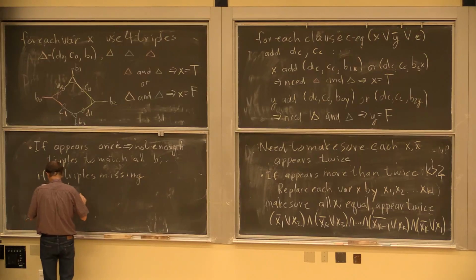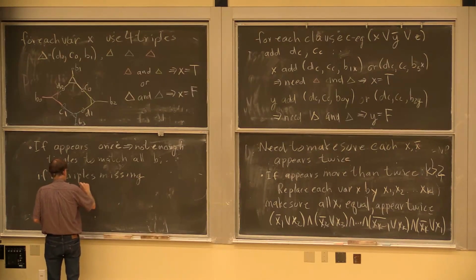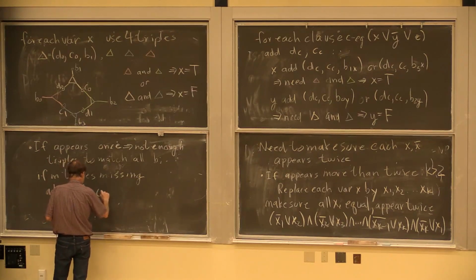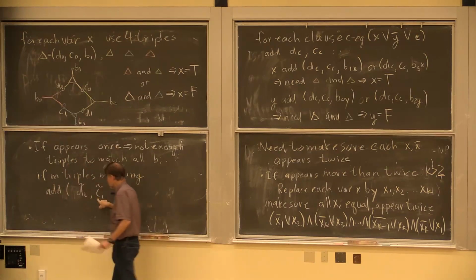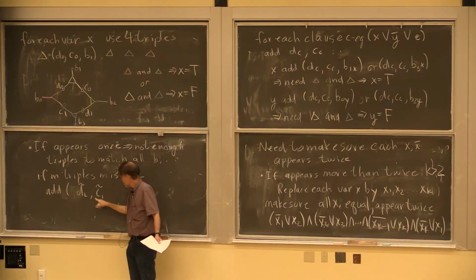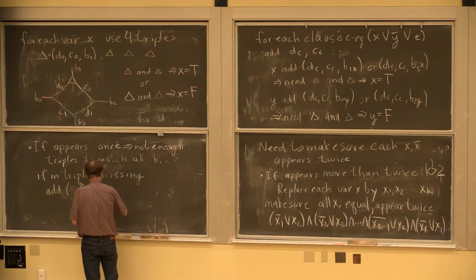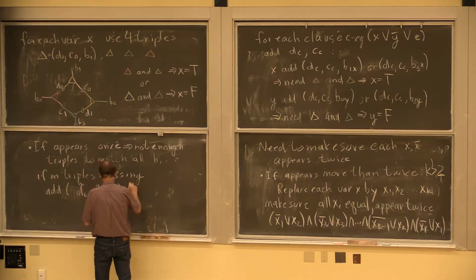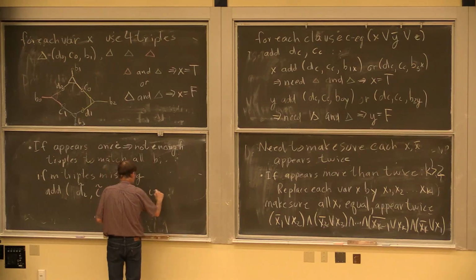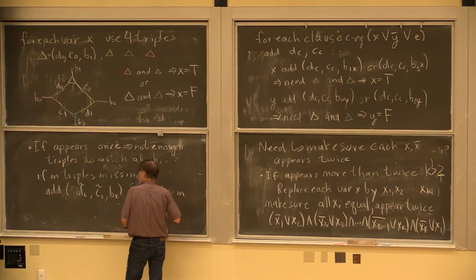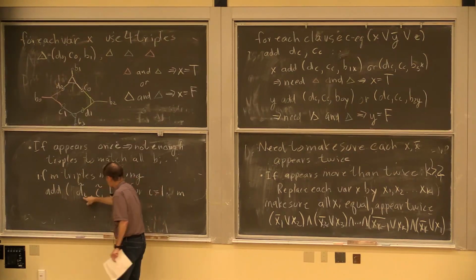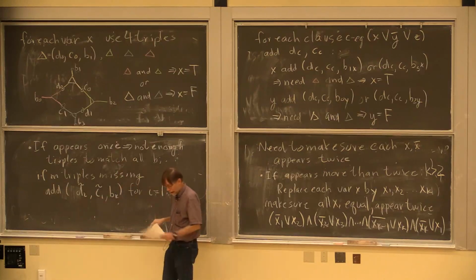I'm not going to add any clauses. I'm just going to add some D's and C's, D tildes and C tildes, BK, and I'm going to do that m times, so I'll have m of these that I can match up.